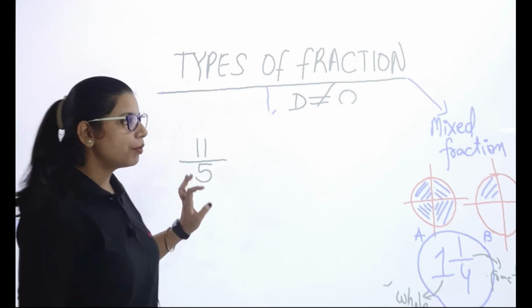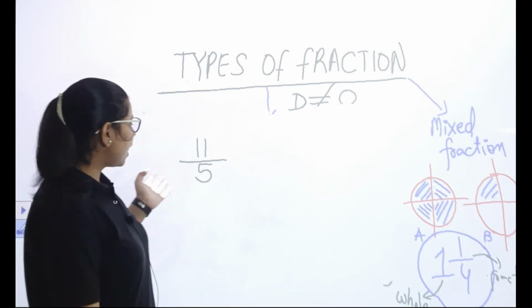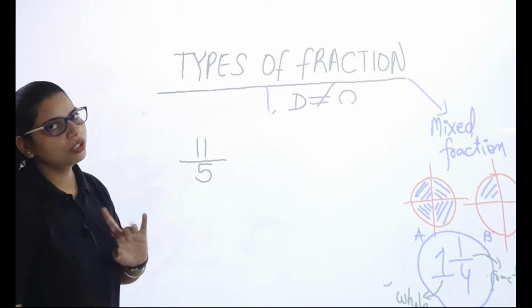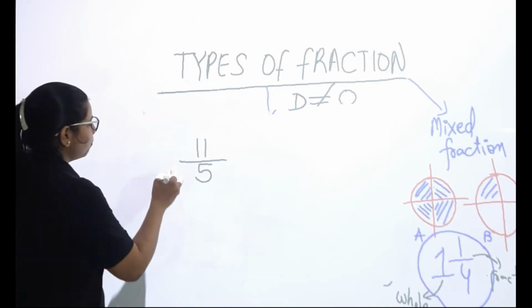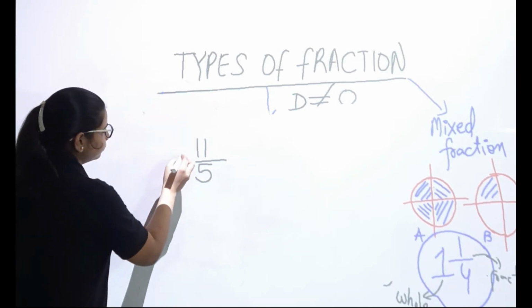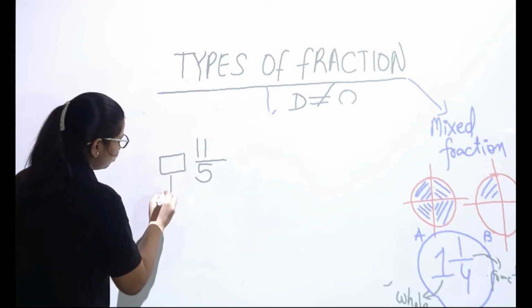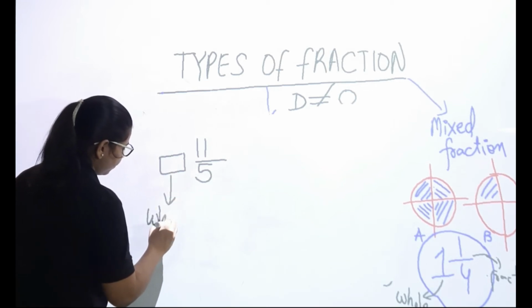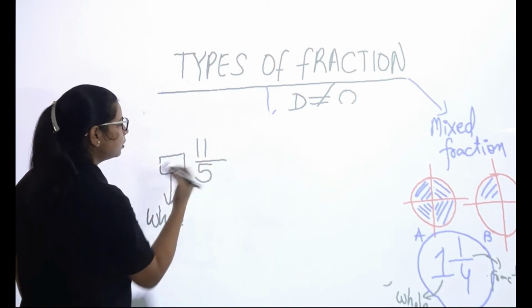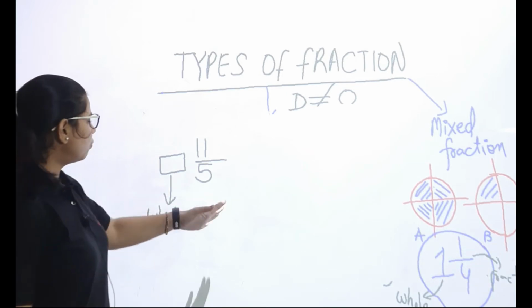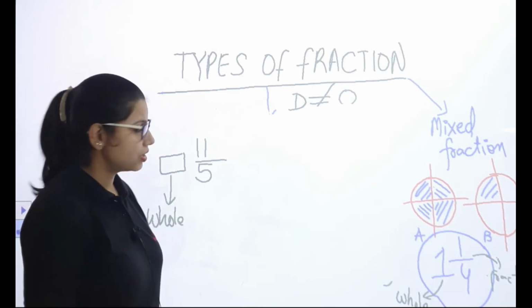Is it proper, improper or mixed? It doesn't have any whole, so it could not be mixed. The place of whole is here. This is the place for whole, and just to the right of whole we write the fraction.